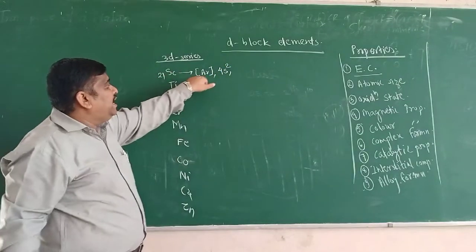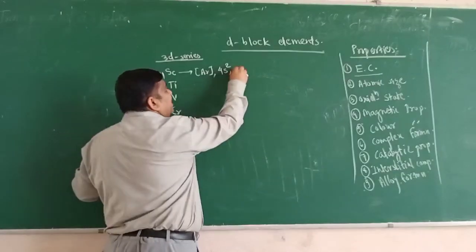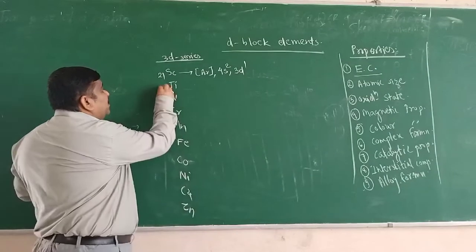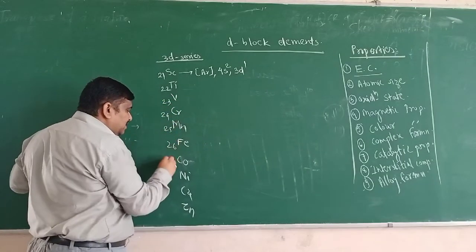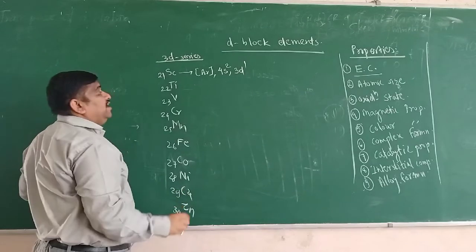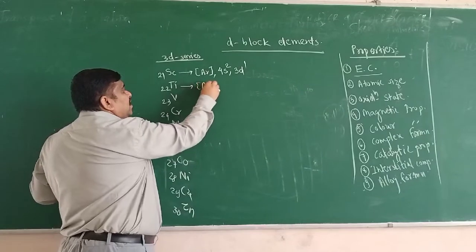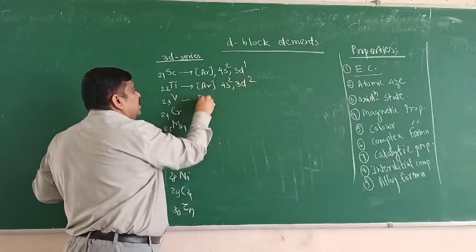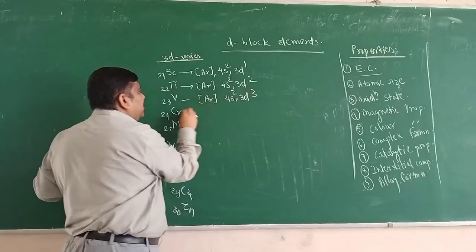You can add 2 electrons in this: 18 plus 2 is 20. 1 electron is left, which you add in 3d1. So these are 22, 23, 24, 25, 26, 27, 28, 29 and 30. Titanium is argon 4s2, 3d2. Vanadium is argon 4s2, 3d3.